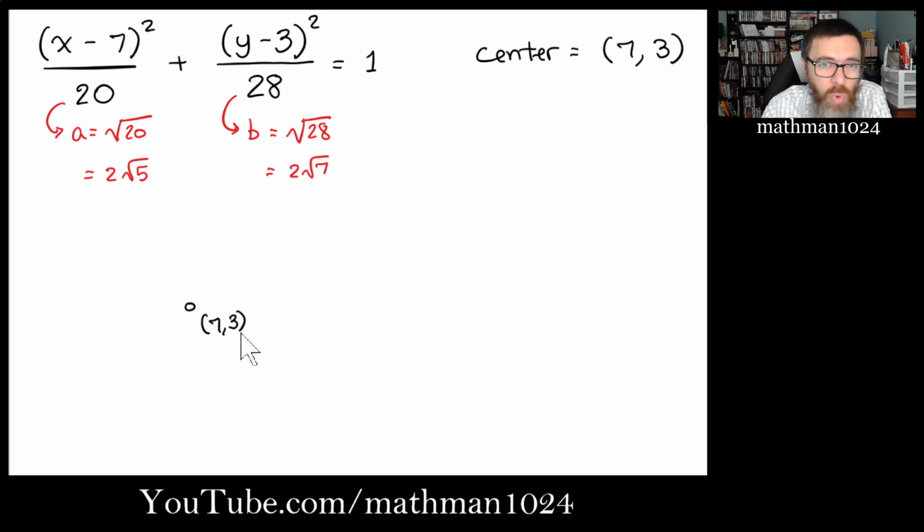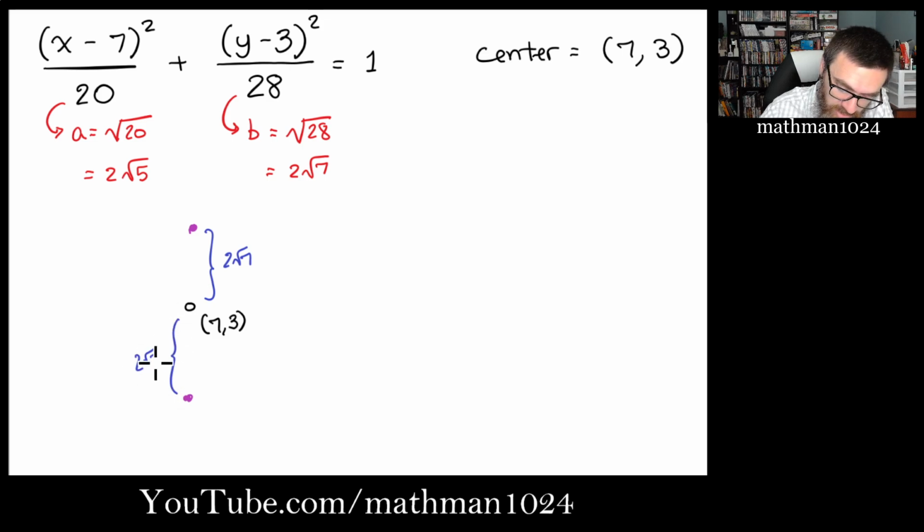I'm stretched more in the y direction than I am in the x direction because of the 28 being bigger than 20, right? Now, 2 square roots of 7, who really knows how far that is? Without, I mean, you have to go to a calculator and get the decimal. I don't really care. So I will be going up and down, and this is going to be a total of 2 square roots of 7 for each of these.